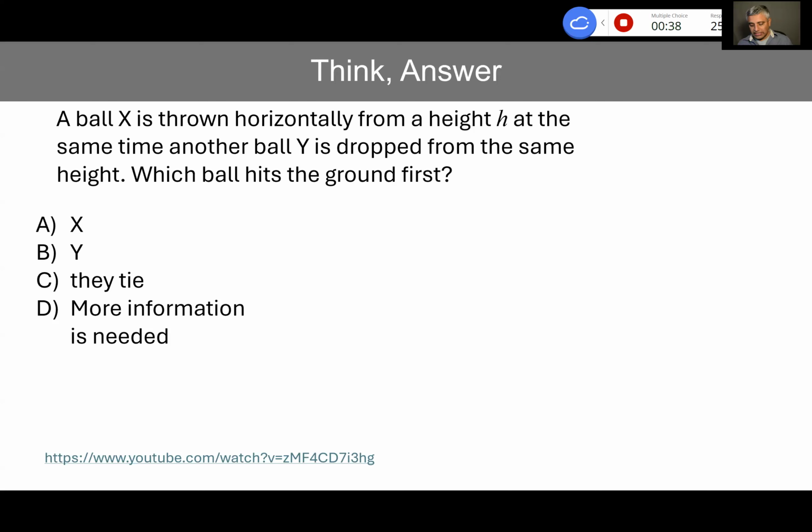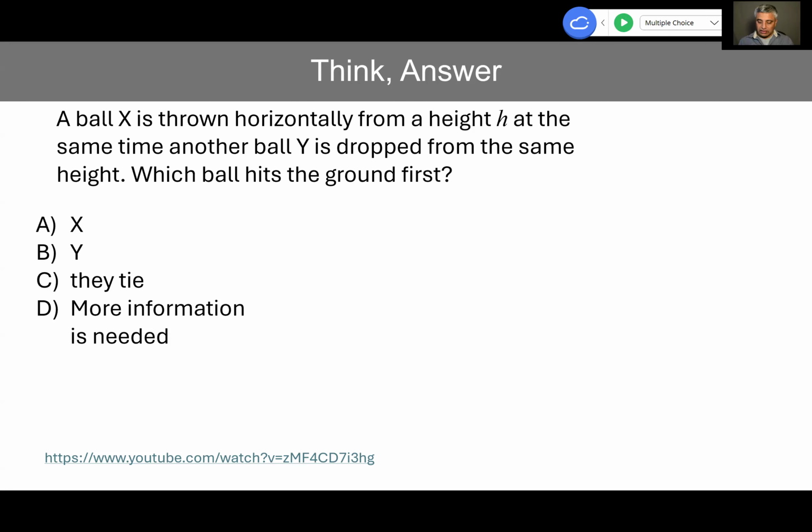Thirty more seconds. And five more seconds. 5, 4, 3, 2, 1, and it stops.